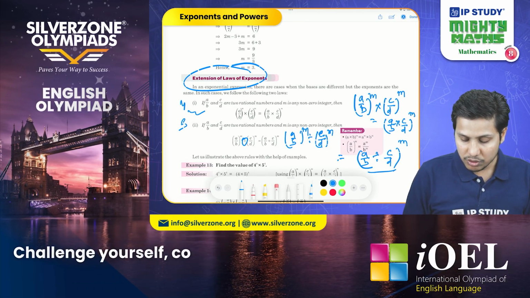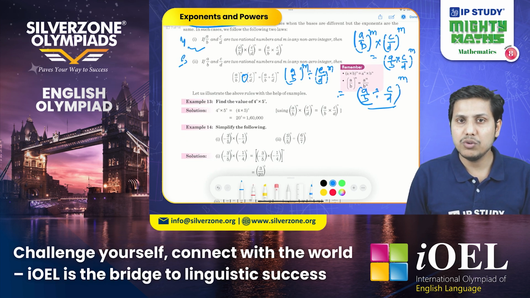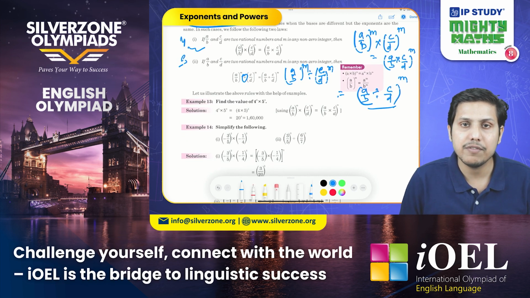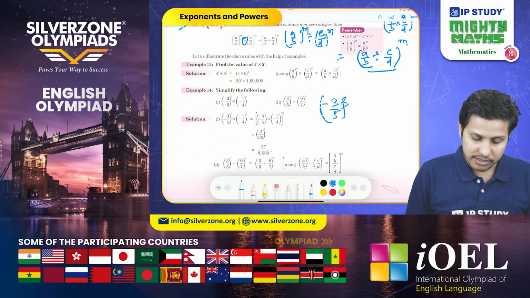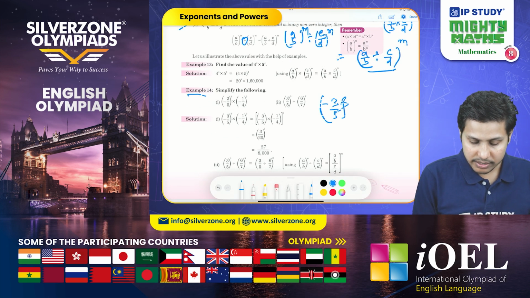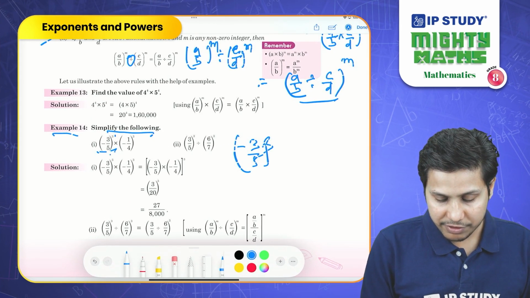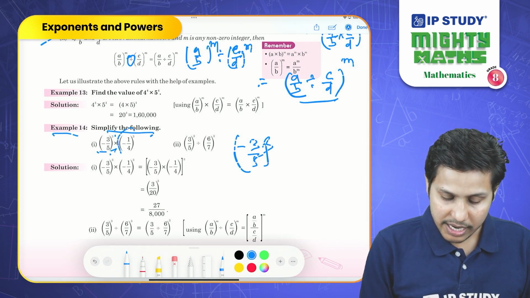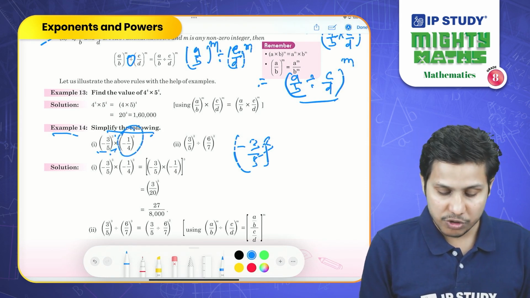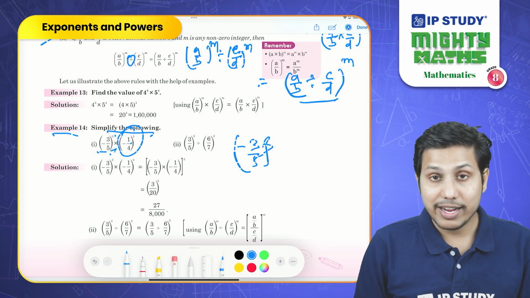Yes, and after that you can just solve it, right? We know how to divide two rational numbers, that we have already covered in our previous grade. Yes, so let's take one example. Example number 14. Simplify the following. So we have negative 3 over 5 raised to the power of 3 multiplied by negative 1 over 4 raised to the power of 3. So here the bases are different but the powers or exponents are the same.